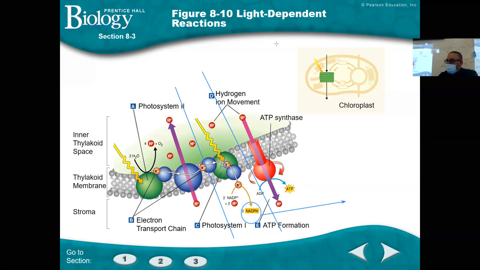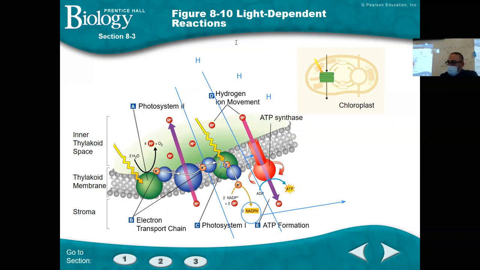And the reason it does this is pretty cool. We have a whole bunch of hydrogen ions, so I'm going to put a whole bunch of H's inside of my thylakoid. Because I have a high concentration of hydrogen ions, they want to move from a high concentration to a low concentration in the stroma.